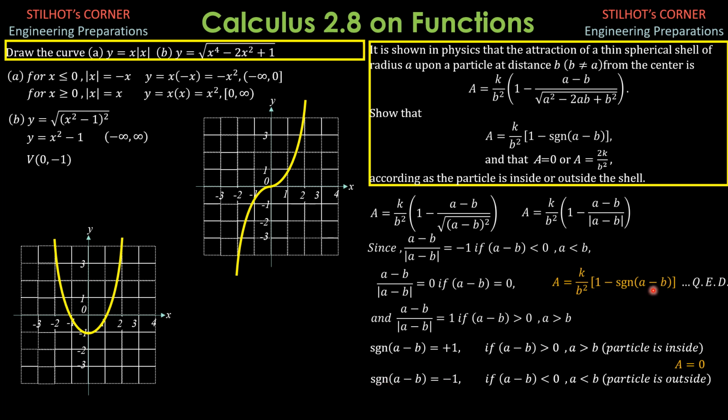So this is 1 minus negative 1, which is 2. So A is 2k over b squared. So that's it. And it's really true that when the particle is inside, A is 0, and when the particle is outside the shell, A is 2k over b squared.